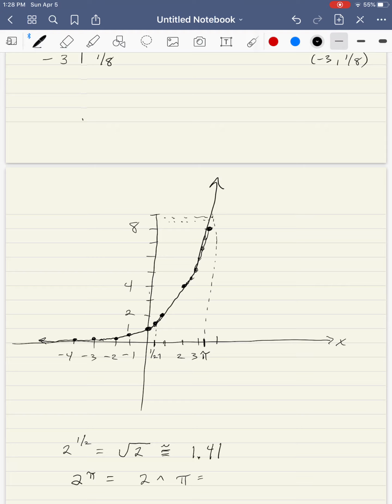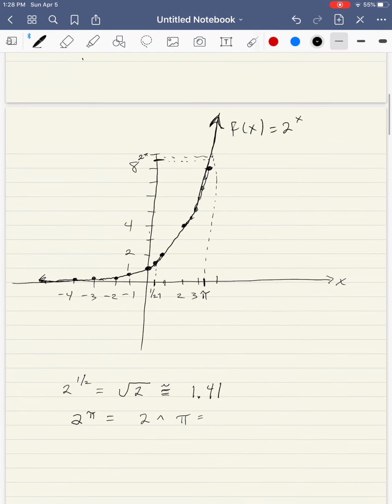So I see that I come over here to my graph and I'm at about 8.8. So we have infinitely many points going up forever and going back in this direction. So this is the graph of f of x equals 2 to the x power.